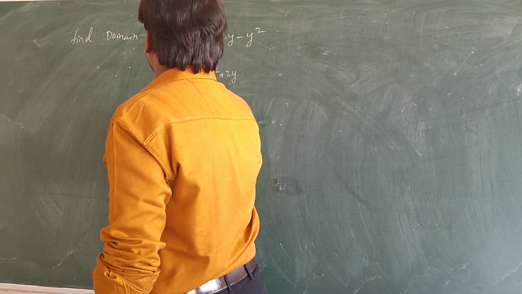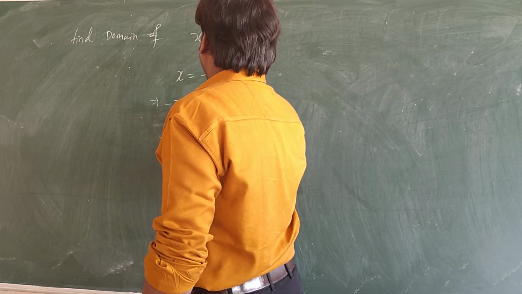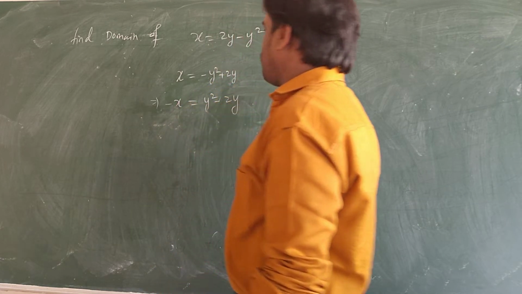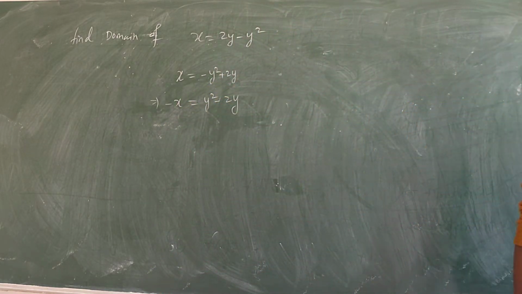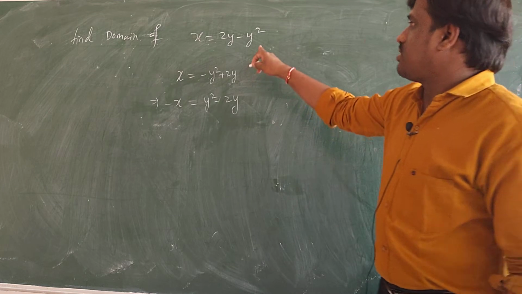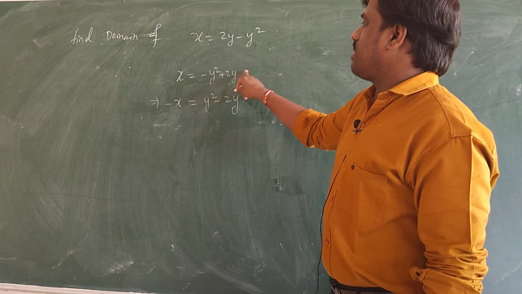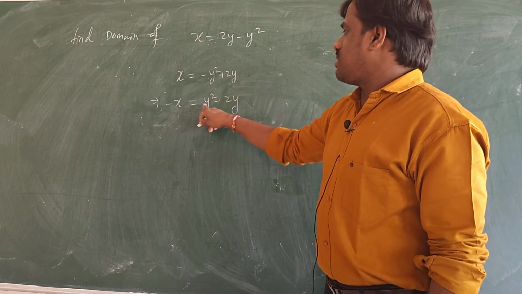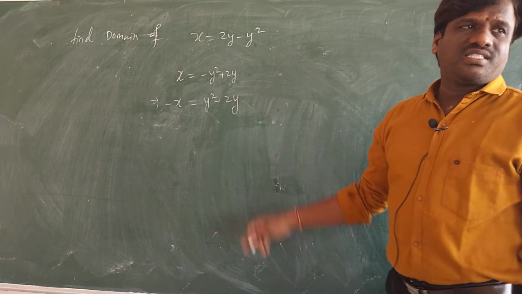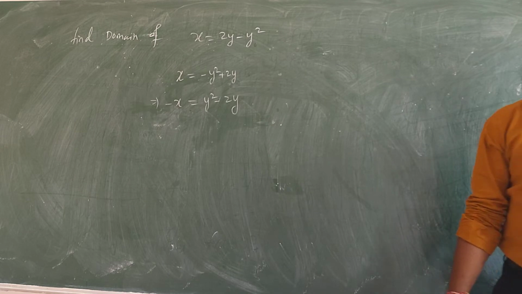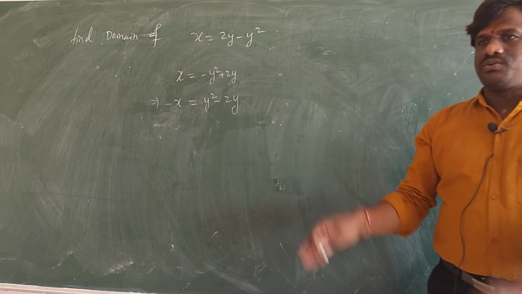Then minus x is equal to y square minus 2y. Yesterday I explained one question, the g circle f whole inverse question.